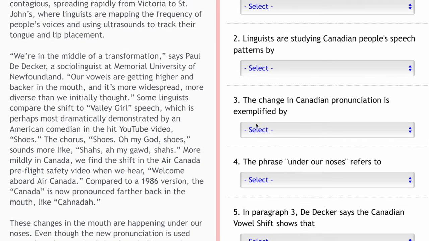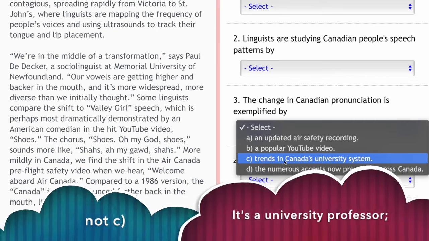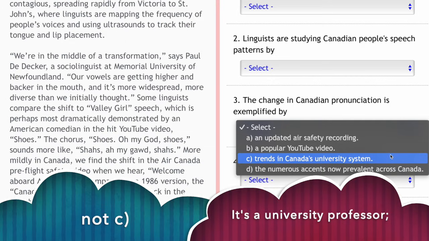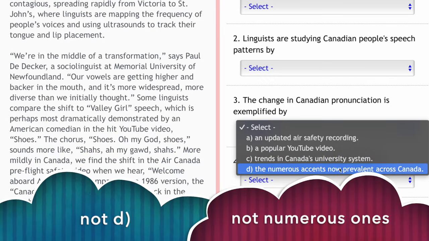Okay. Now, we did see some questions here. The change in Canadian pronunciation is exemplified by, well, not trends in Canada's university. It says just that Decker is a university professor. Numerous accents, didn't really say that yet.